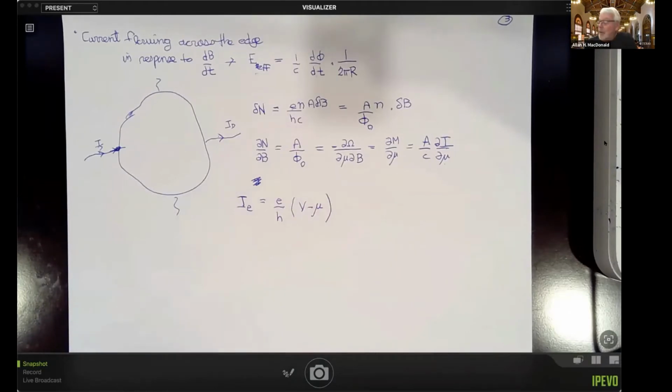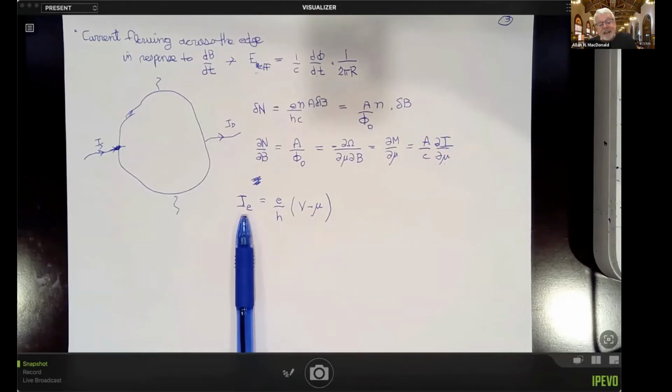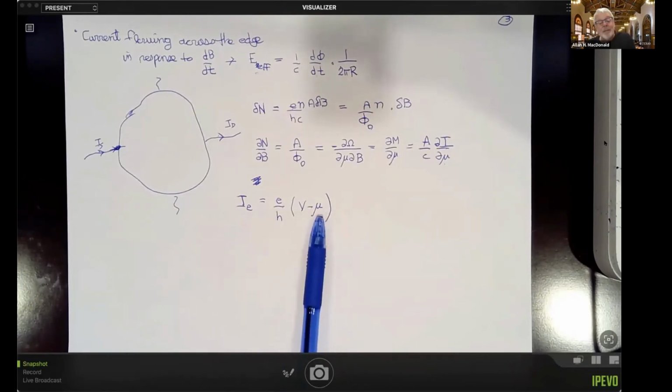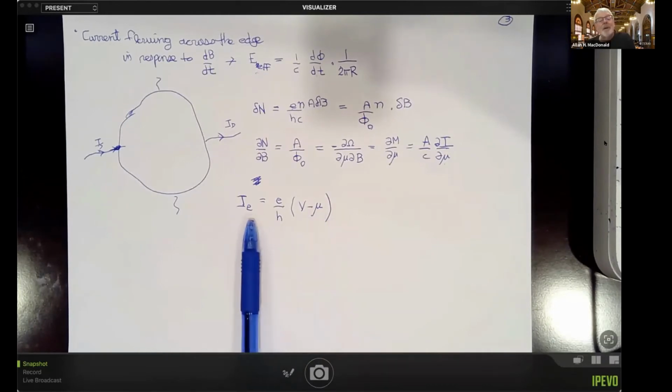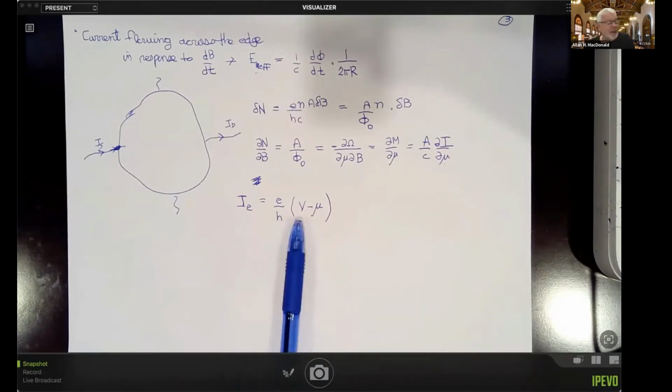And so the quantum Hall effect is a measurement of how the current depends on the chemical potential. I'm going to say that the topological magnetoelectric effect is a measurement of how the current depends on the electron potential.